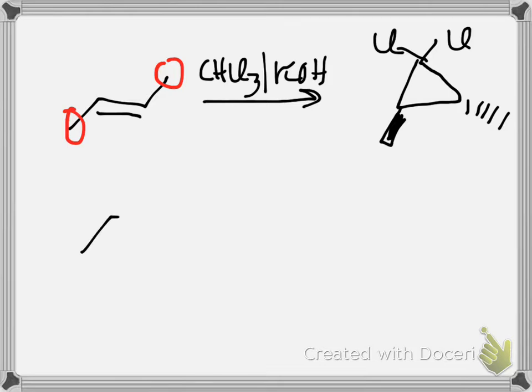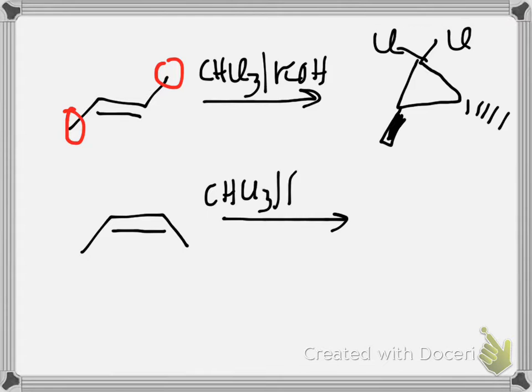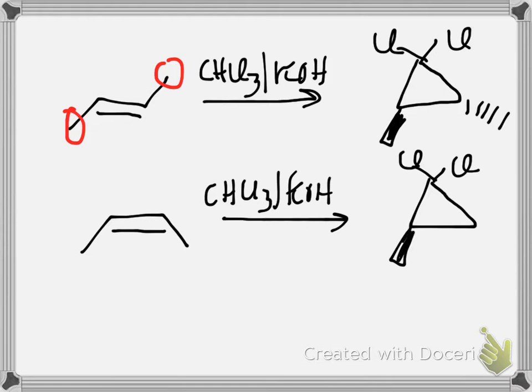If I start with cis-2-butene and react it with these reagents, then the methyl groups would be on the same side.